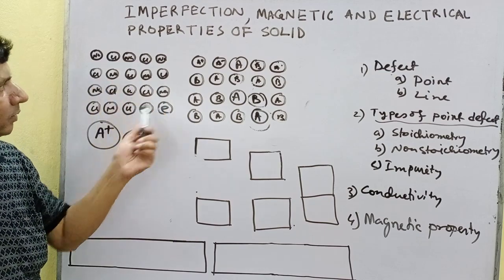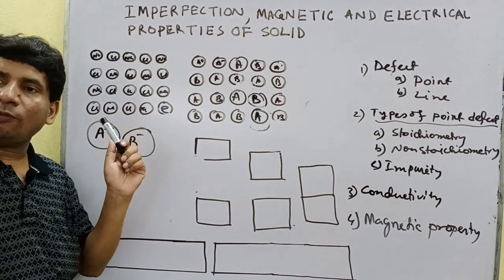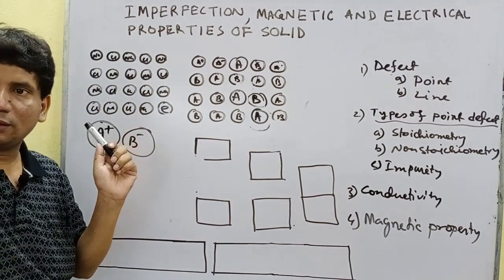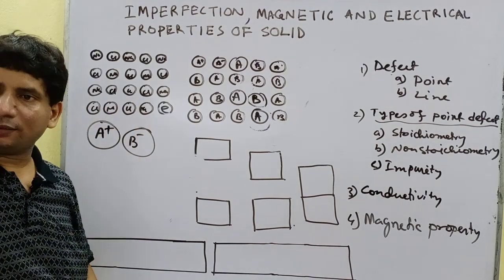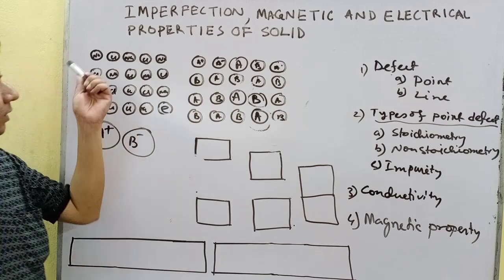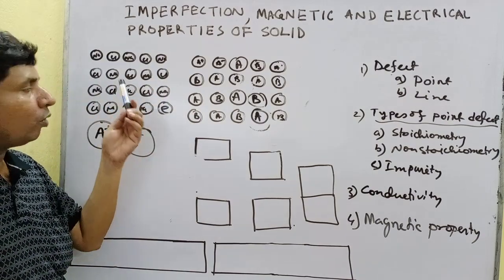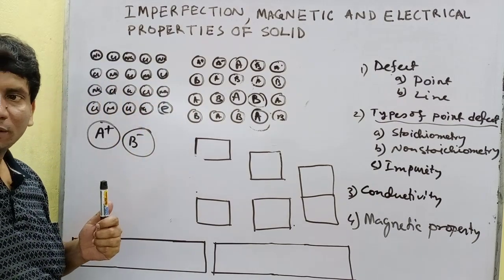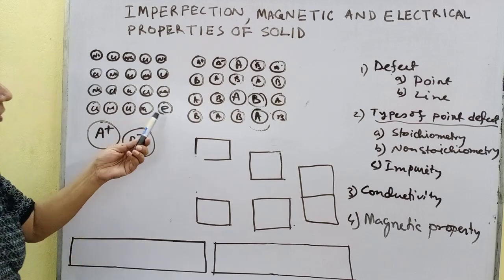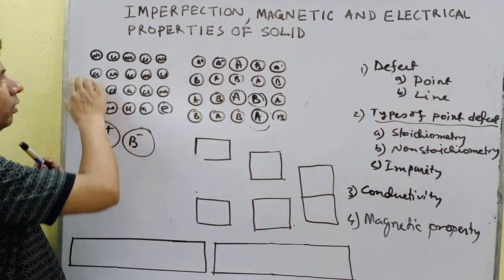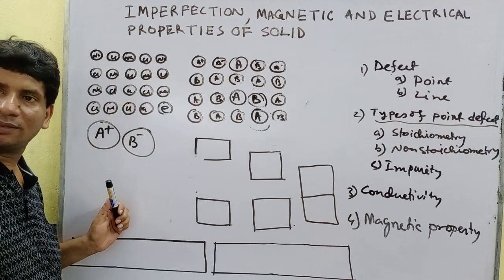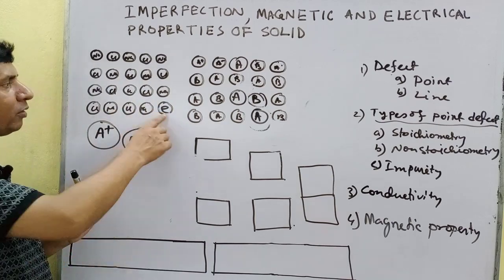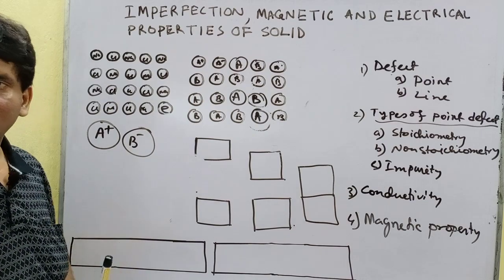Then we can see the number of sodium plus is higher than the number of chloride minus. If there are 10 sodium plus, there are now 9 chloride minus, because one chloride is absent here.